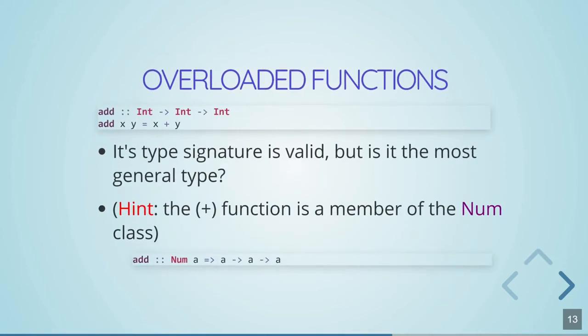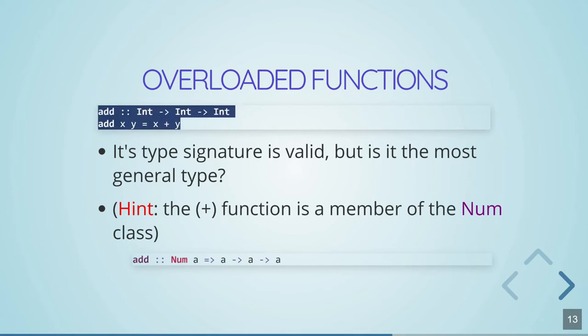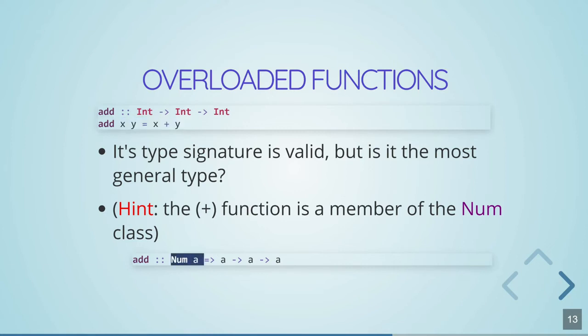So take this function add, for example. So we could write a function add that adds together its two arguments, x and y. And we could give it the type signature int goes to int goes to int, and that's fine. However, now it's constrained to just working off of int. So if we wanted it to work with float or some other num type, we would have to then define another add function. So what we're better off doing is giving it the more general type, its most general type of num A, and then we use this bind operator thing, which is the equals arrow, and then we just use the type parameter a.